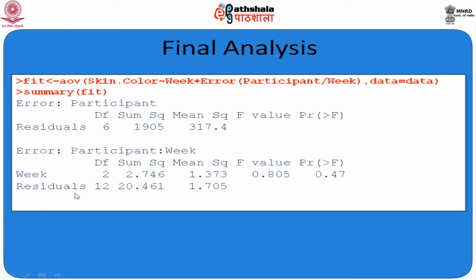And as you saw, the weekly variation is not significant. The only variation that we observe here is inter-individual variability, that is person to person. The effect of skin color varies across participants, but not across the different weeks of measurement.